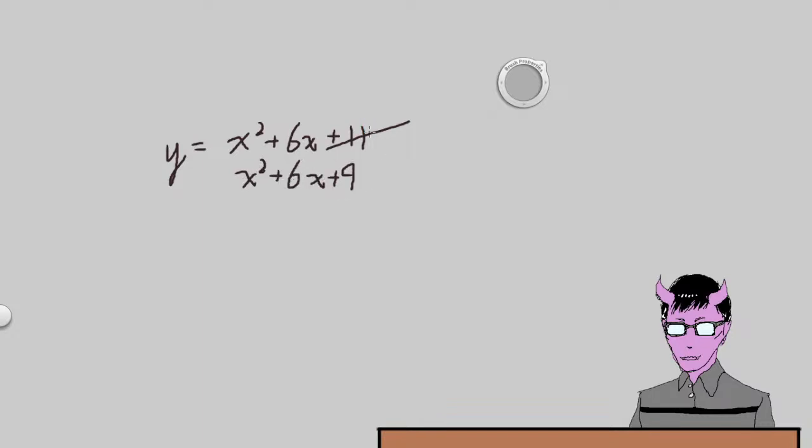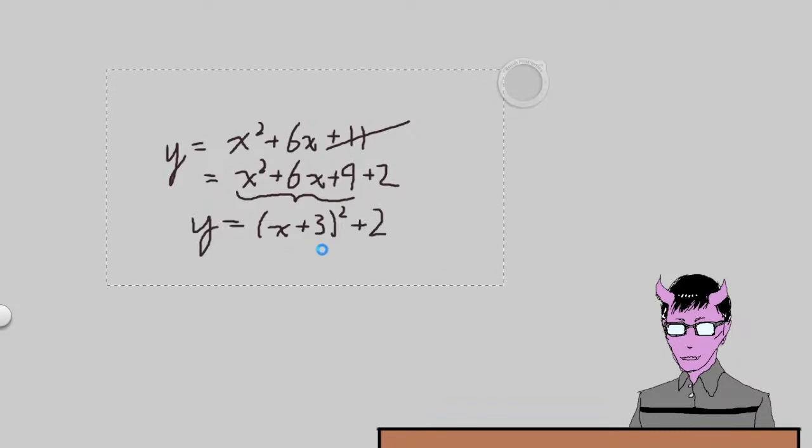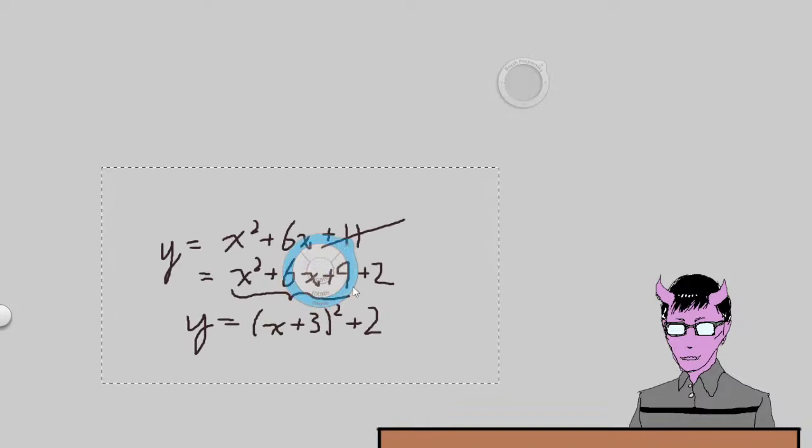But you can't just willy-nilly change the 11 into a 9, because 11 is 9 plus 2. So once you have that, you take these ones together, and then you know this factorizes into (x plus 3) squared following the algorithm, and then the plus 2 remains on the outside. So we have finished converting it into vertex form.